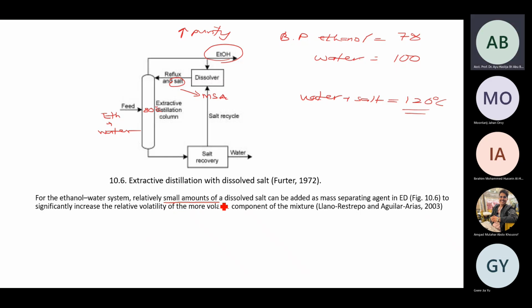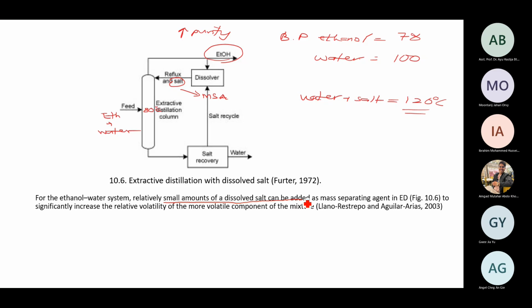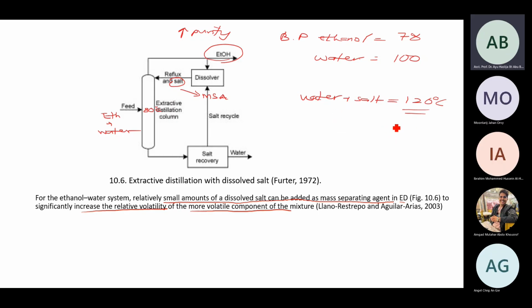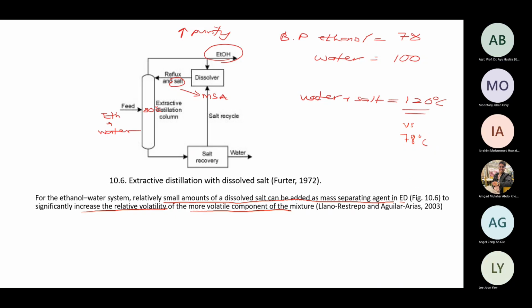A small amount of dissolved salt acts as mass separating agent. ED here means extractive distillation, to increase the relative volatility of the more volatile component. So instead of between 78 and 100, now you will have 120 versus 78. So it will be easier to separate.